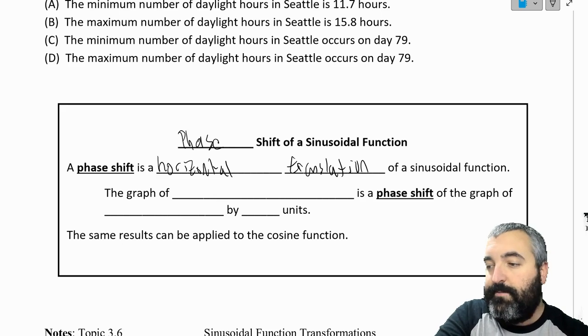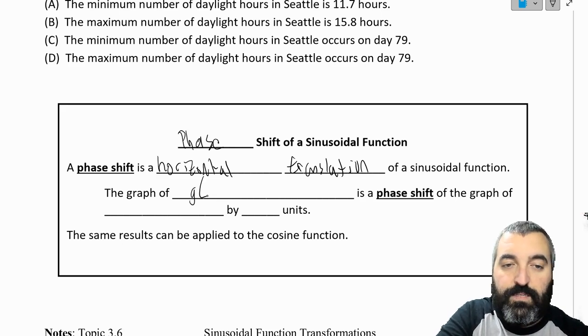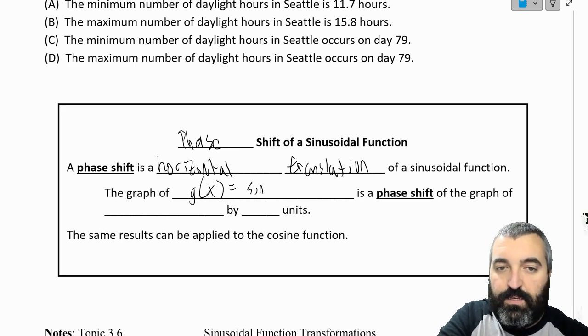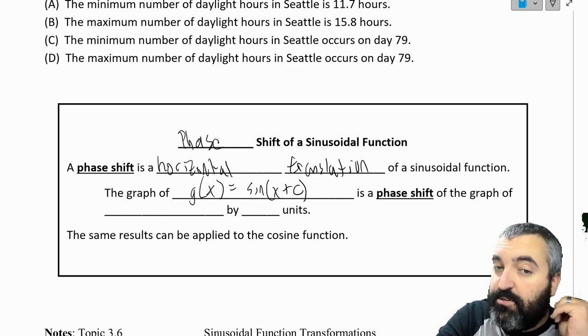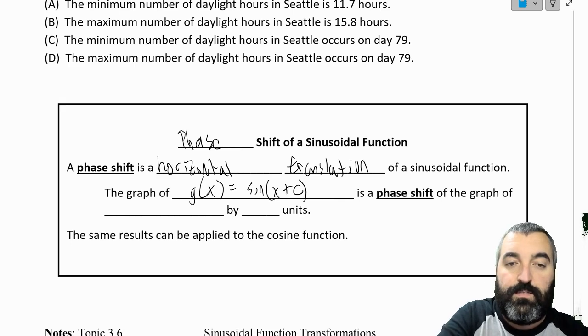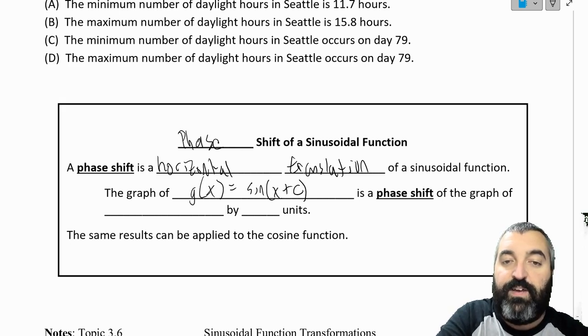So the way we see this is kind of similar to how we see everything else. It's inside of the function, written as addition or subtraction of x. So in this case, g of x is written as sine of x plus c.